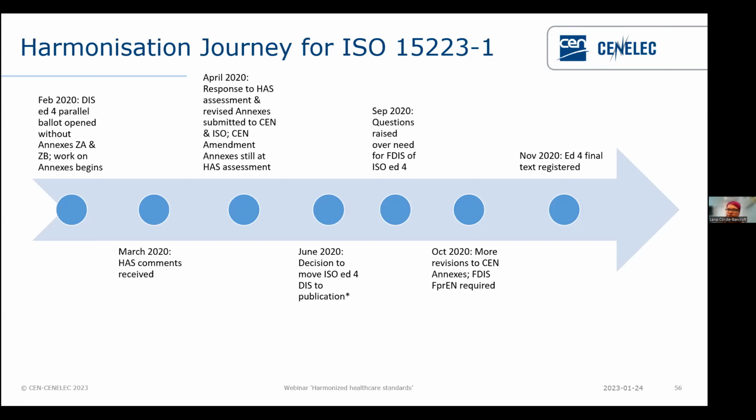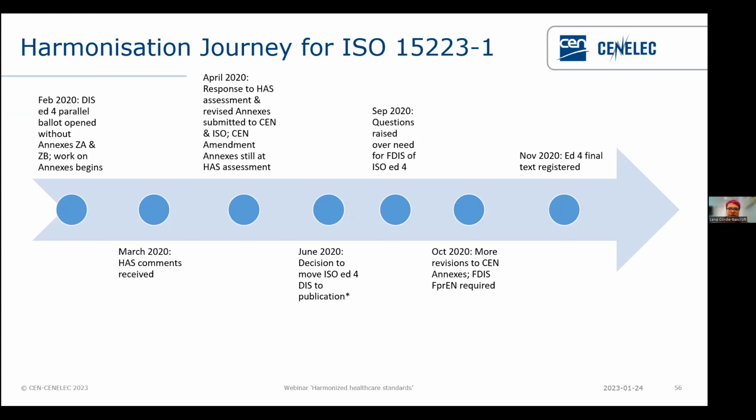We were told that we were not going to need an FDIS at the ISO level, because there were no technical changes being made in the document after the DIS ballot. But because the Annex Zs were not circulated as part of the DIS or prEN inquiry, an FprEN formal vote was required, and therefore we needed to go to the FDIS stage.